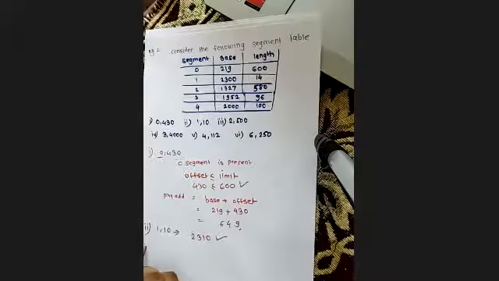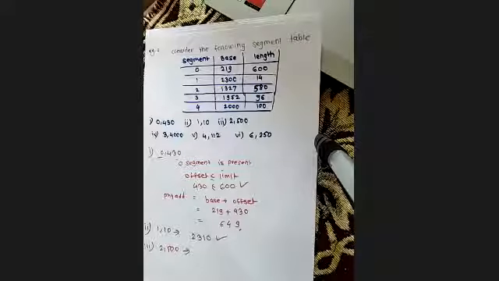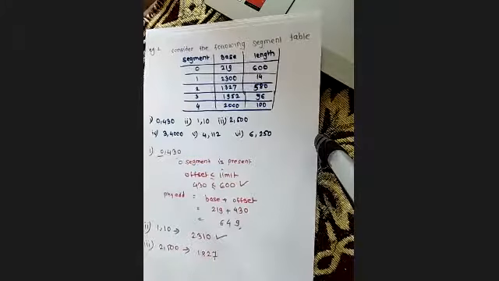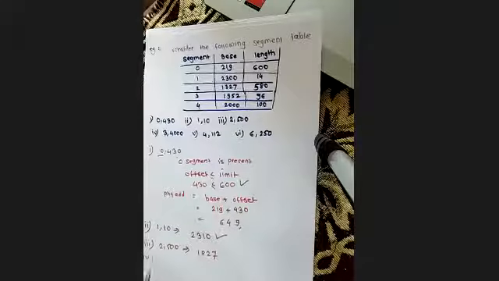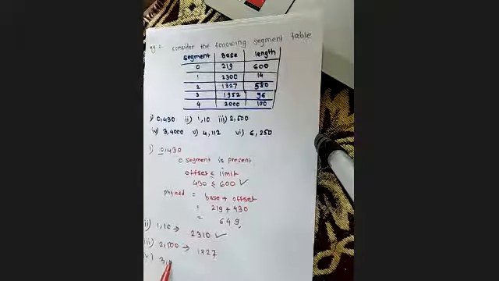Correct. 500. 500. One 1827. 1827. Okay. Next, given is 4000.